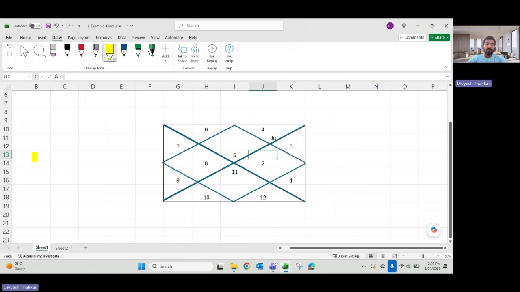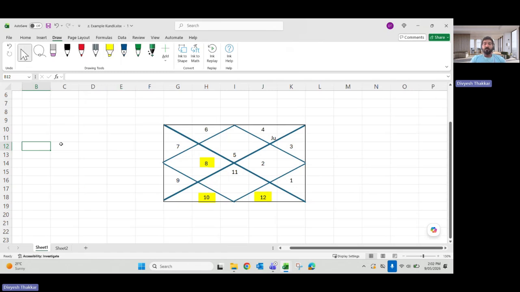If you are a Leo ascendant or Leo Rashi, then that means Jupiter is transiting in the 12th house, and it will be aspecting your 4th house, 6th house, and 8th house.